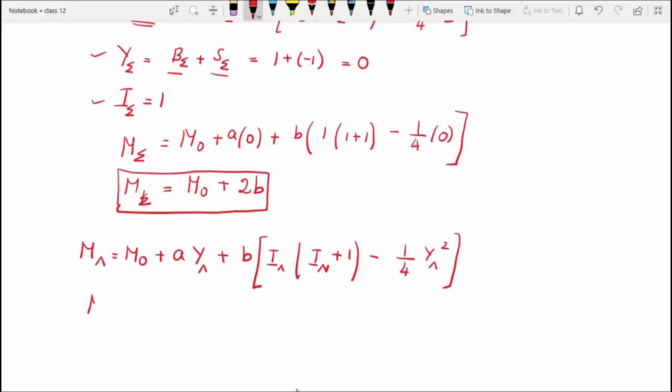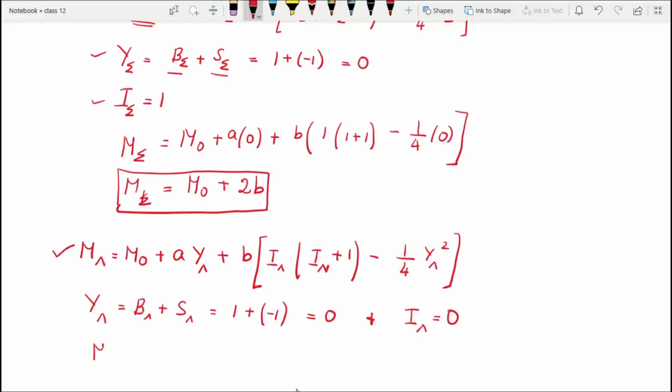And hypercharge of lambda is equal to baryon number of lambda plus strangeness of lambda, that is equal to 1 plus minus 1, that is equal to 0. And isospin of lambda is equal to 0. Now we have to substitute both the values here.